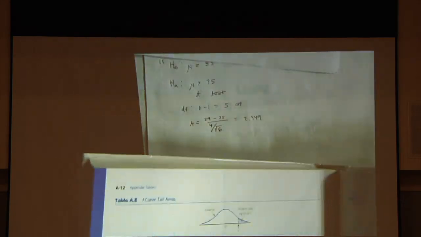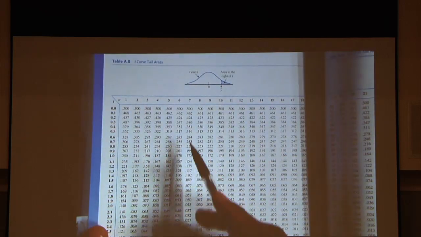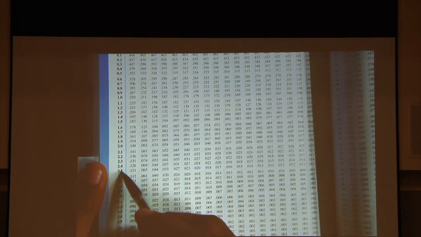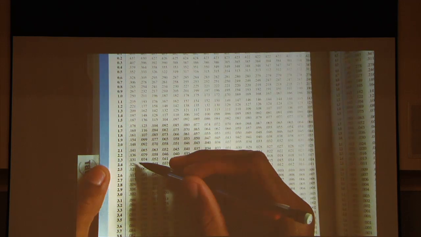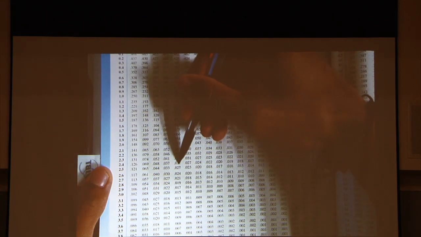For here, if you do 2.449, so 2.45 for the t value. Actually, I could just guess one or the other. With degrees of freedom of 5, we'll say 2.5, I guess.